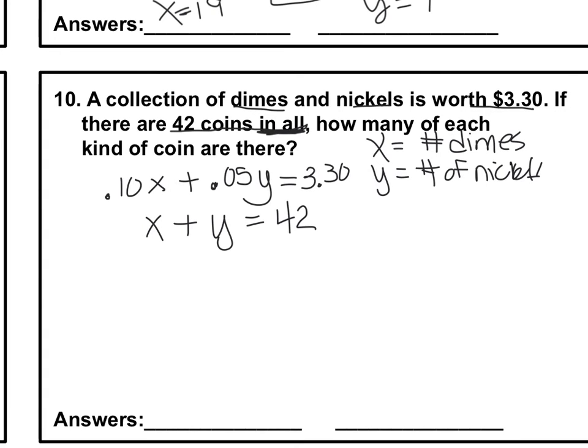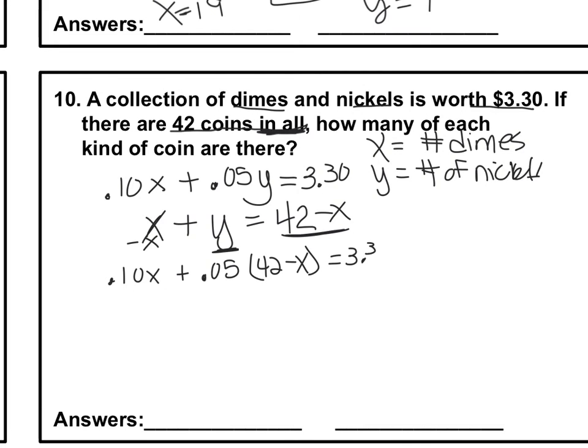Alright. I think instead of elimination, I'm going to do substitution. So I'm going to isolate the variable y and solve for y. So now I say that y is 42 minus x. So what we're going to do is replace the y in the other equation with 42 minus x.